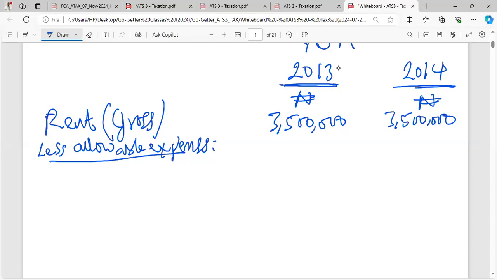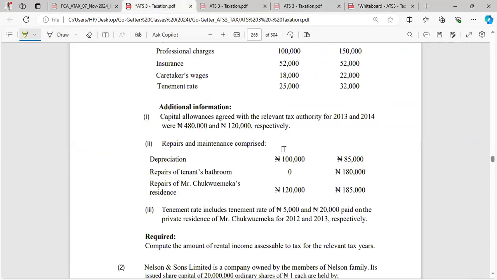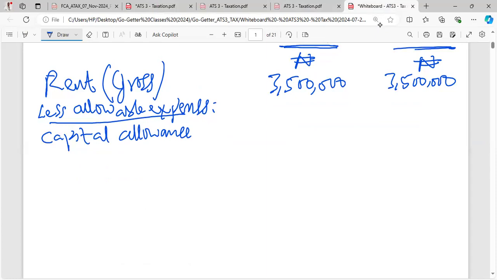Now, part of them is capital allowance. Capital allowance is charged in place of depreciation. So we say it is 480 and 120.